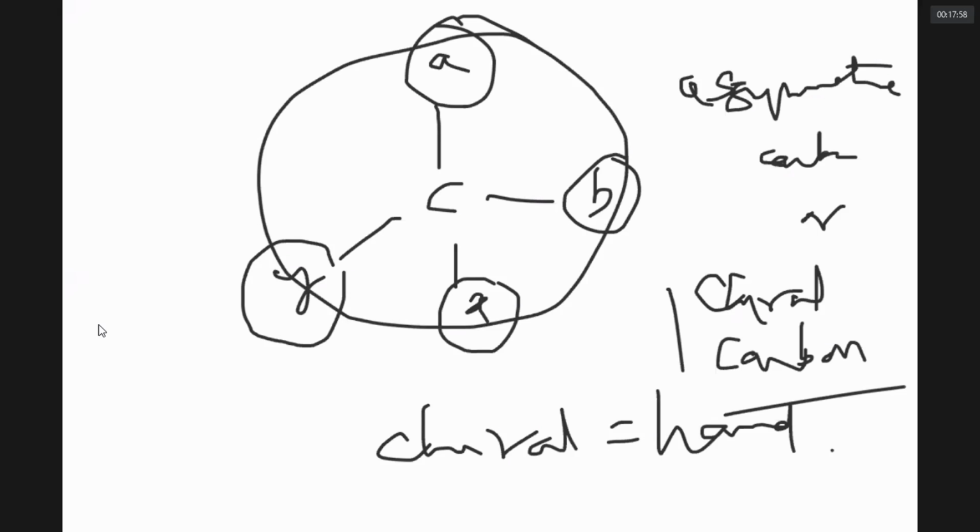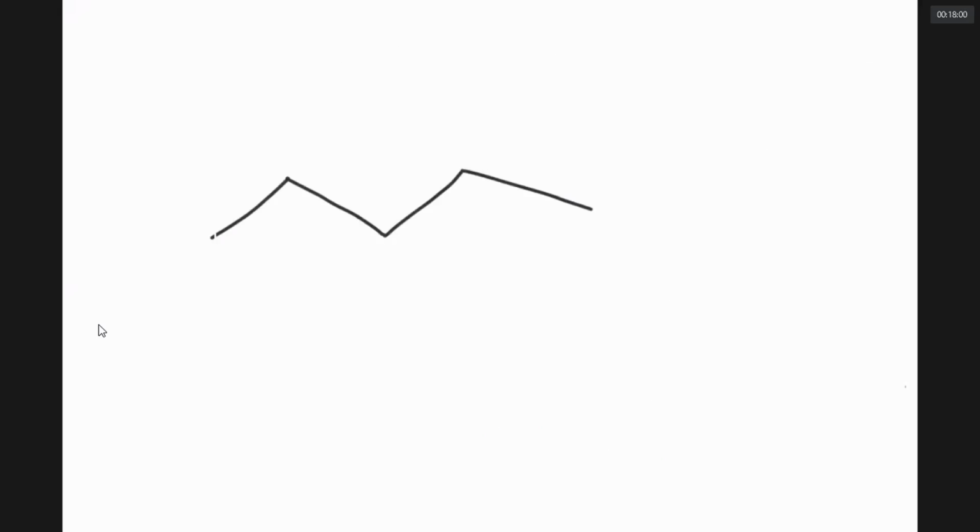Now look at this molecule, sir. Does it have any chiral carbons? If yes, how many? This carbon is locked to 3 hydrogens.